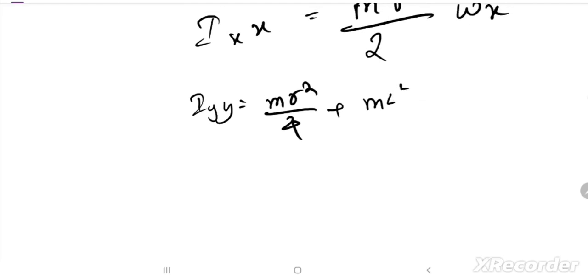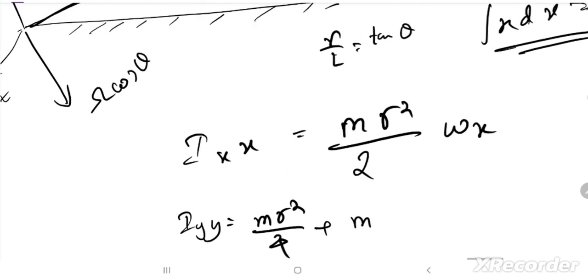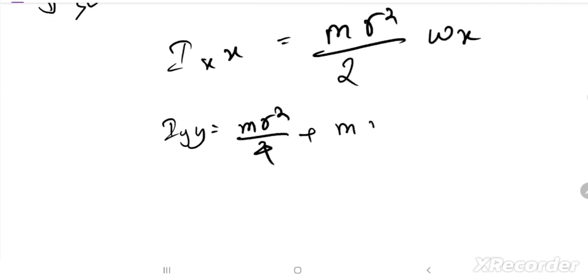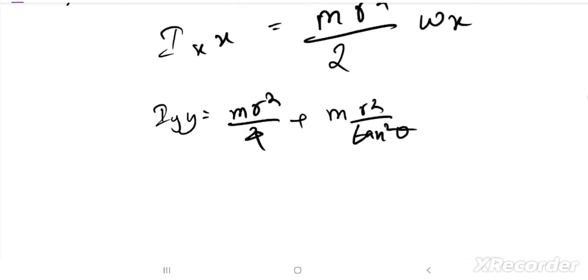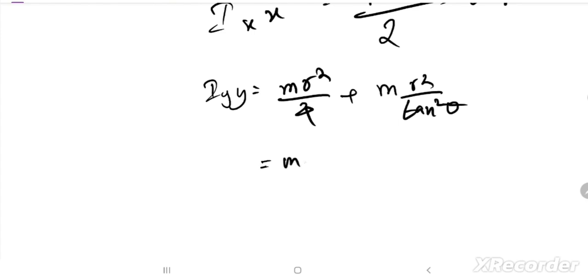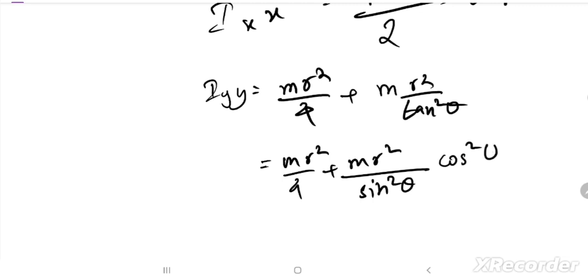Substitute it in ml square and you'll get r square by tan square theta. Putting in all the values, you'll get Iyy to be mr square by 4 plus mr square cos square theta by sine square theta.